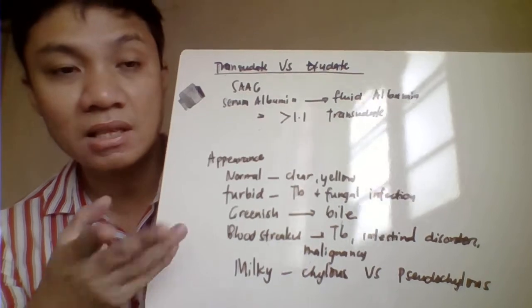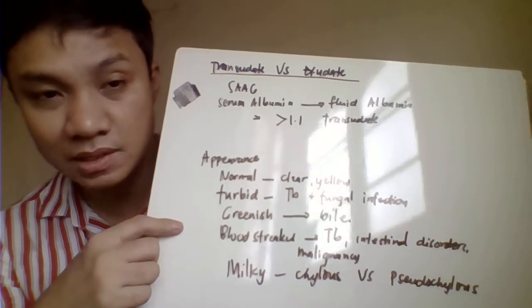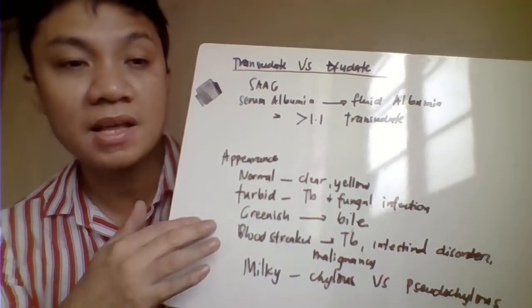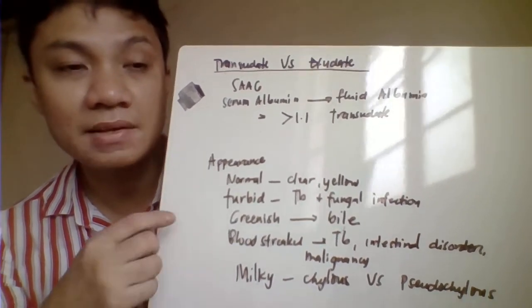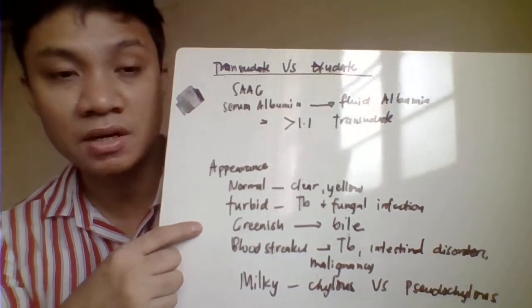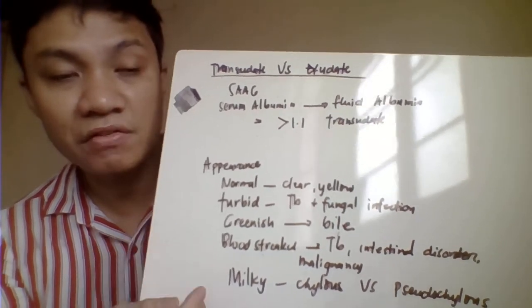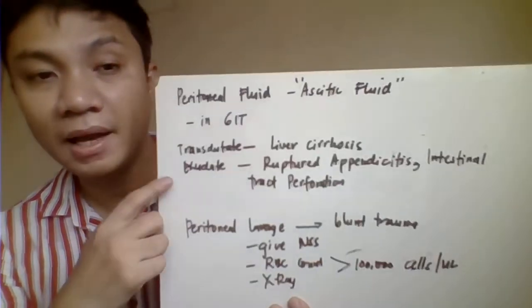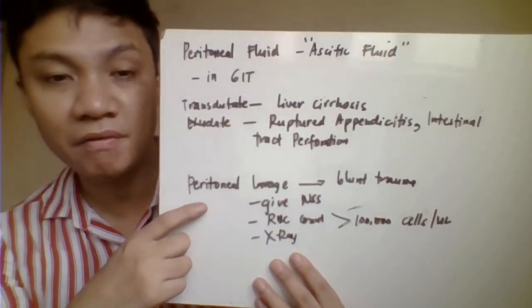Again, transudate for this one is related to your liver cirrhosis. However, if the difference of your albumin between your blood and your peritoneal fluid is less than 1.1, then you consider here your exudative type of effusion. Your exudative type of effusion related to your peritoneal fluid includes your appendicitis and your intestinal perforations.